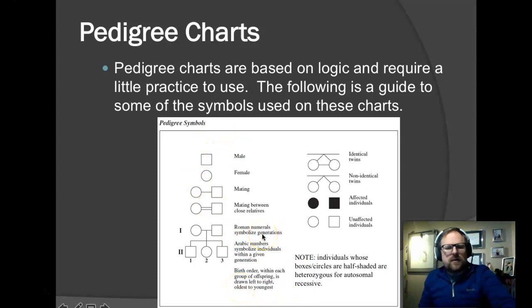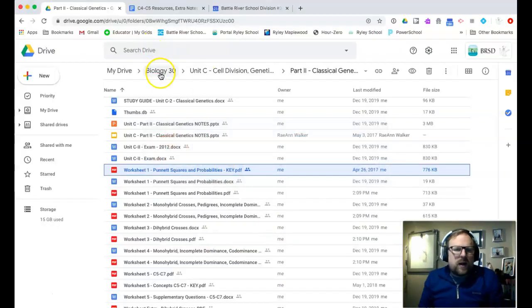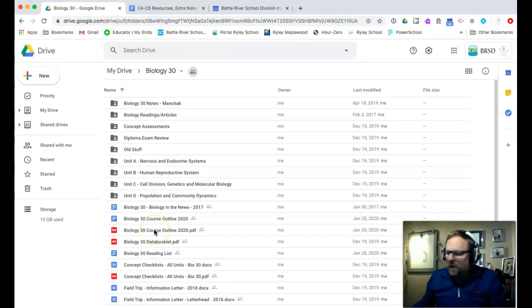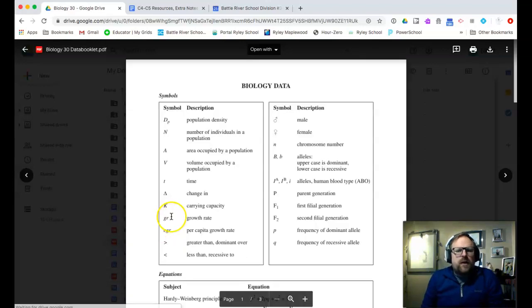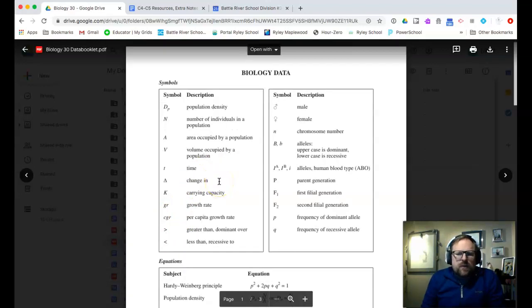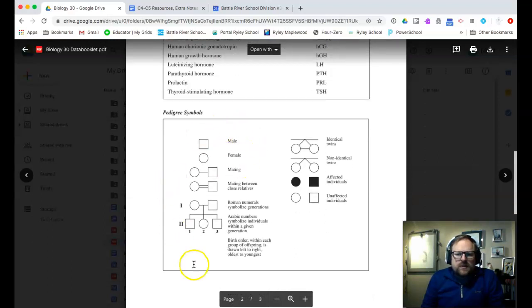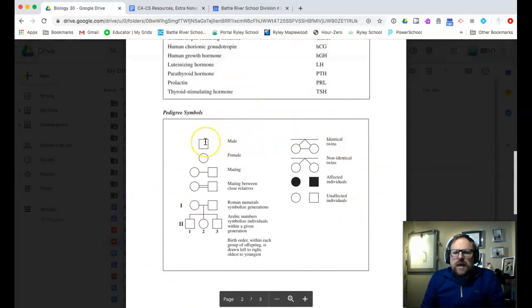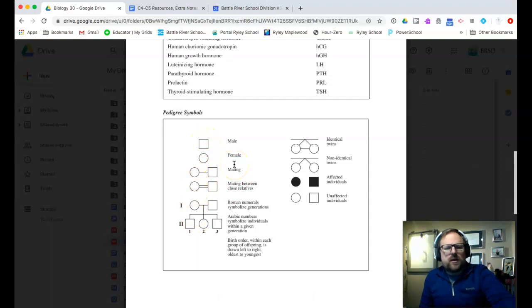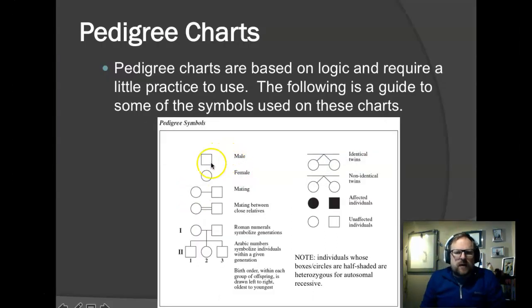Let me see if I can pull it up and show you where it is. There's a data booklet that I'll post up, and it's got a bunch of information on it, formulas and things that we'll get to later on. But here it is on the second page, and it's just a legend of what we have going on for pedigrees. So I'm going to jump back to the presentation and we'll look at it in there.